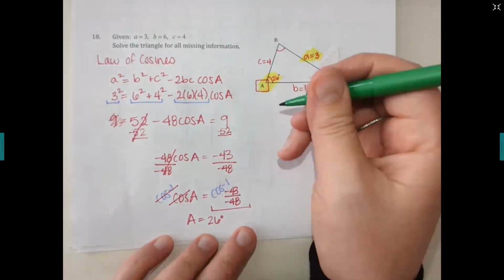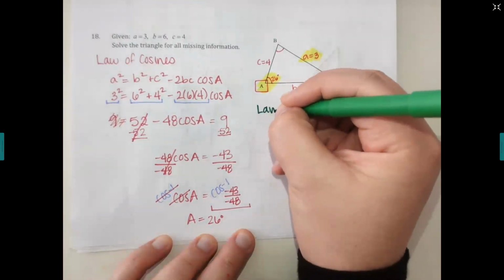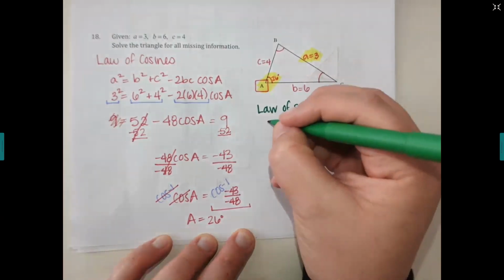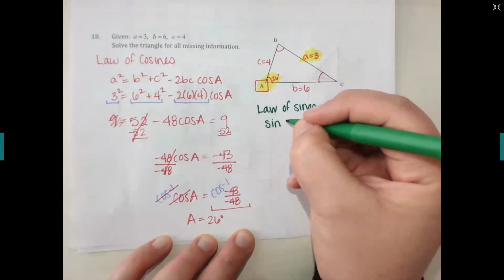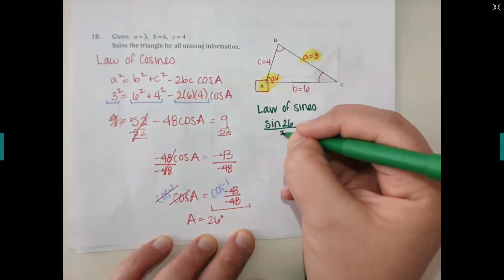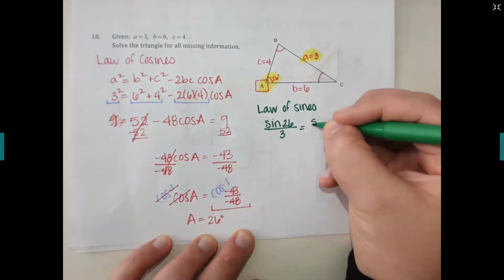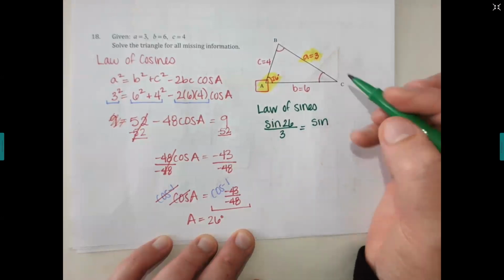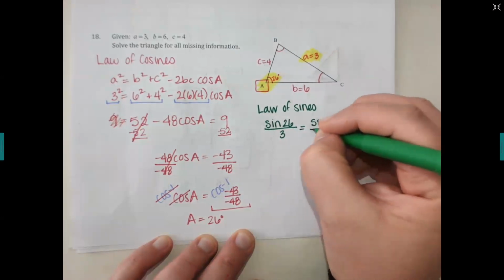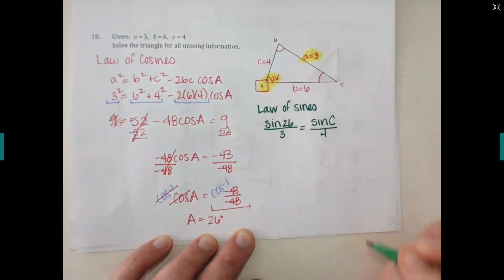So let's review law of sines. You're going to do sine of the big, which is 26, over little, which is 3, equal to sine of the big, which I'm going to do, I guess, maybe C, over little c, which is 4.